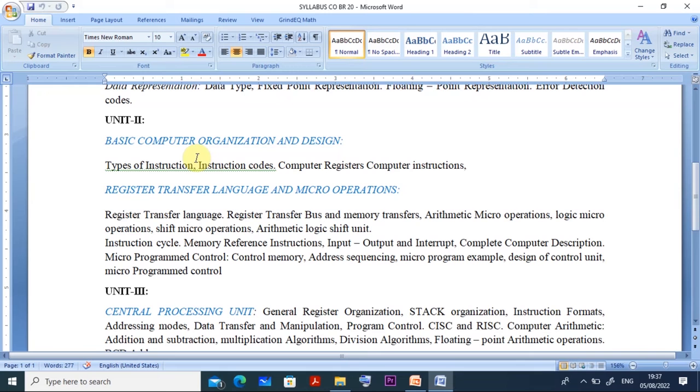The second part is the register transfer language and micro operations: register transfer bus and memory transfer, arithmetic micro operations, logic micro operations, shift micro operations, arithmetic logic shift unit, then instruction cycle, memory reference, instruction input, output and interrupt, complete computer description, microprogram control, control memory, address sequencing, microprogram. So these are the things that will be coming under unit 2.